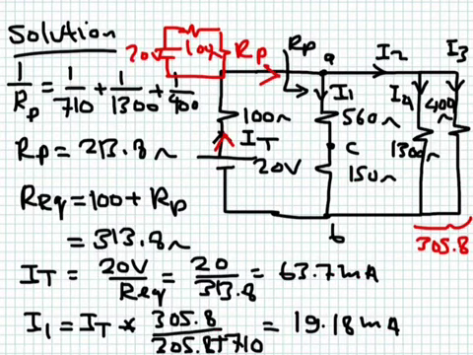Of course, you can get I2 through a current division, so you can say that I2 is equal to I total multiplying 710 over 710 plus 305.8. But I found it easier to apply KCL, so I said that I2 is equal to I total minus I1, because remember, I total is equal to I1 plus I2. So I use that in the next slide.